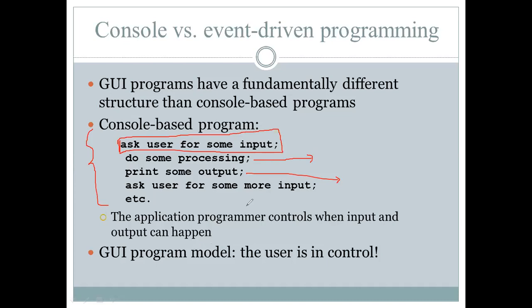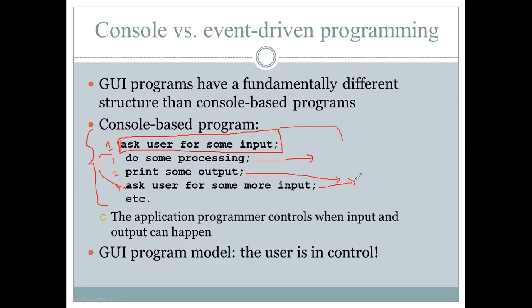Then it asks for some more input. If there is some more query or input, the user will give it, and the process will continue again. Suppose a number, 1, 2, 3, and 4. This process will continue while the user keeps giving input.